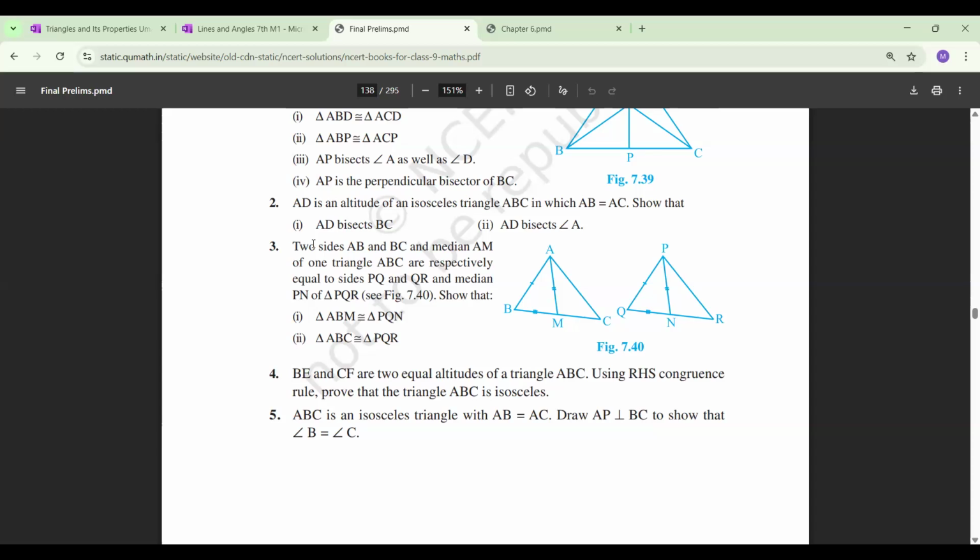Two sides AB and BC and median AM of one triangle ABC are respectively equal to two sides PQ and QR and median PN of triangle PQR. Triangle ABM is congruent to triangle PQN, which we can prove by SSS.